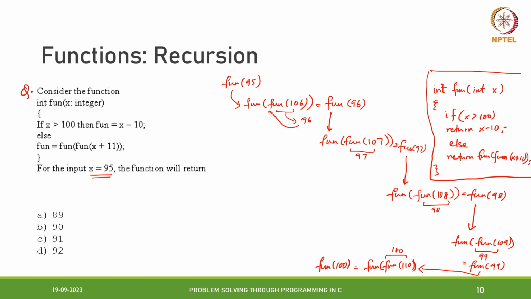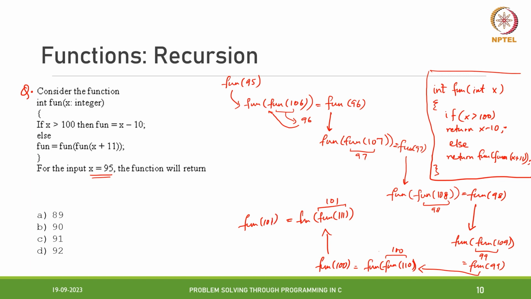Now if you are saying fun of 100, it still does not satisfy this condition, so it will call fun of 111, right? What is fun of 111? It is 101, because x minus 10. So this is basically fun of 101.